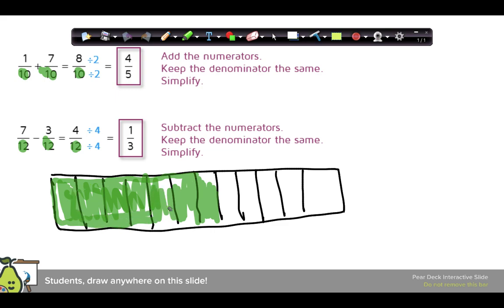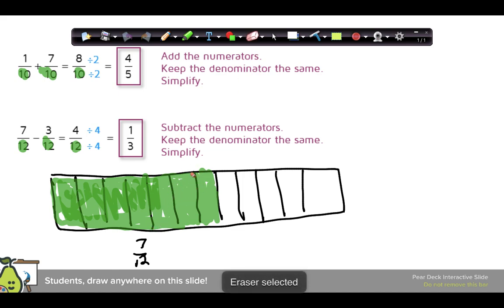And so that's 7/12. Write that when I get a chance. All right. So that is 7/12.